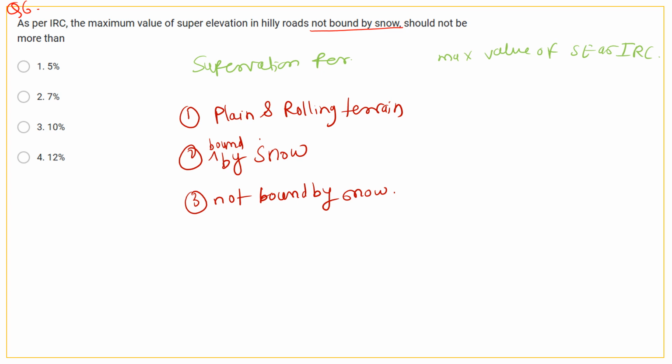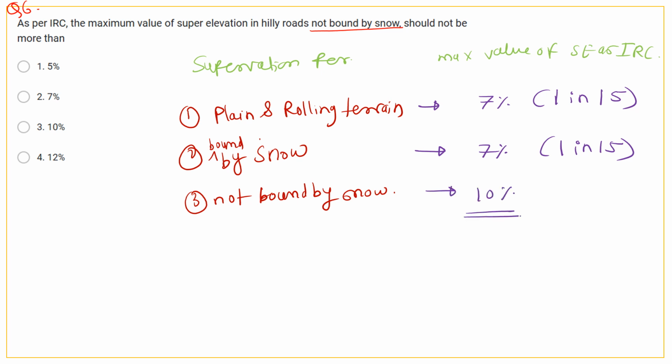Then the value for the first condition, plain and rolling terrain, is 7%, means 1 in 15. Then second is 7%, 1 in 15. And last one is 10%. Okay, 10% is the value for not bound by snow.